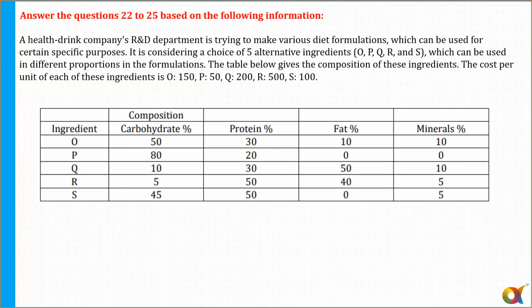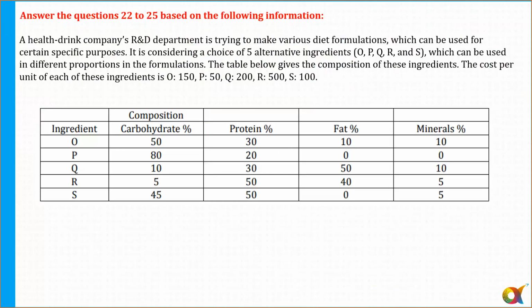It is considering a choice of 5 alternative ingredients OPQRS. The table below gives the composition of these ingredients. The cost per unit of these ingredients is also given: 150, 50, 200, 500 and 100. Let's move to the next slide.